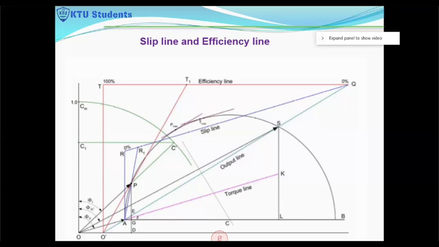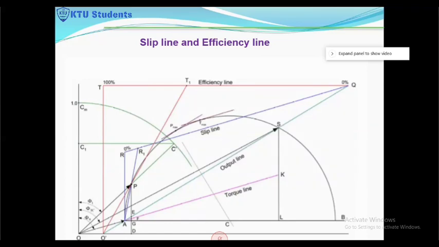If you take the ratio of the air gap power, the copper loss and the mechanical power, you get the factor 1 is to S is to 1 minus S. Simply rearranging, the rotor copper loss will be S times the rotor input, and the rotor mechanical power will be 1 minus S times the rotor input.